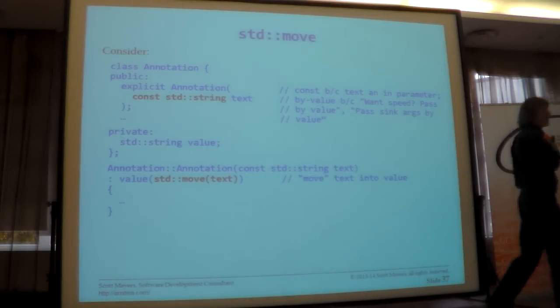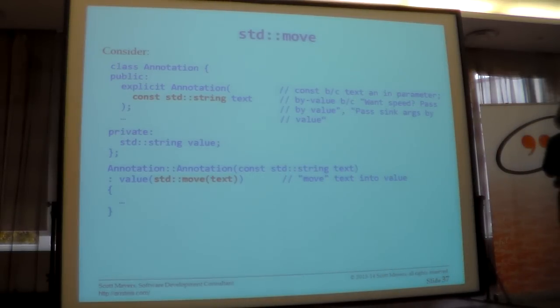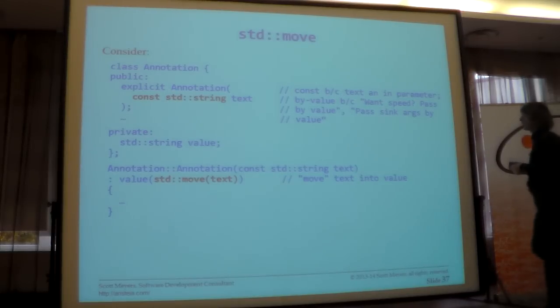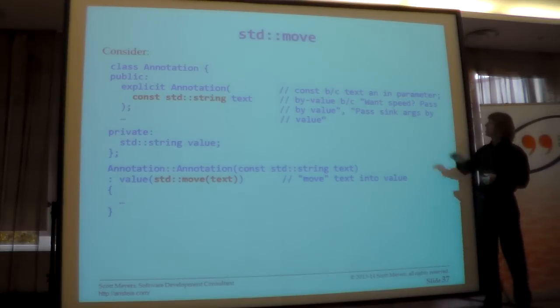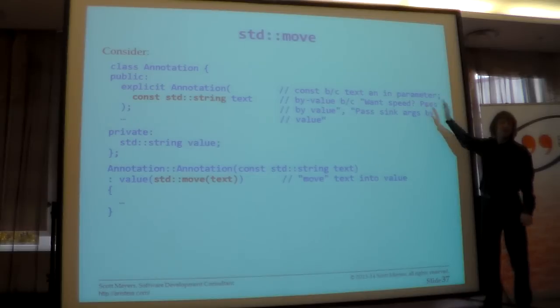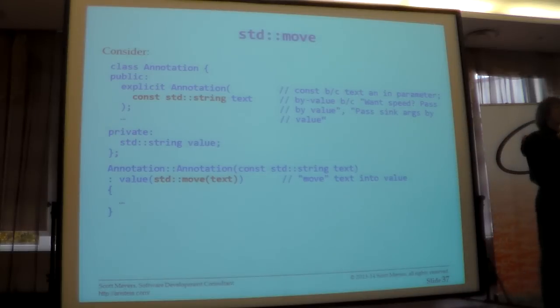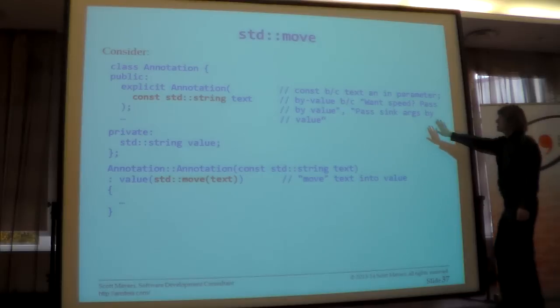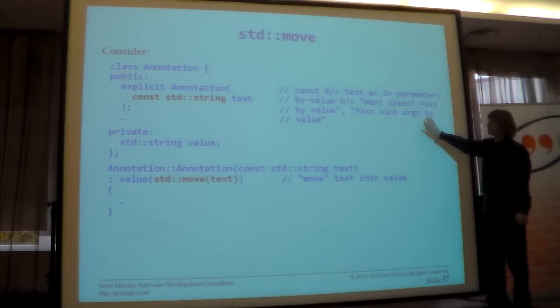Personally, I'm not wild about passing strings by value, but there is a body of information that encourages people in some cases to pass by value. There was a relatively well-known blog post a couple of years ago called "Want Speed, Pass by Value." There have been some conference presentations which say pass sink arguments by value.